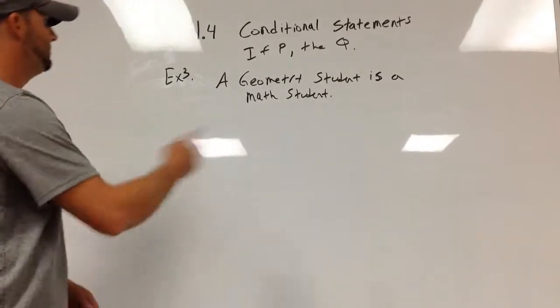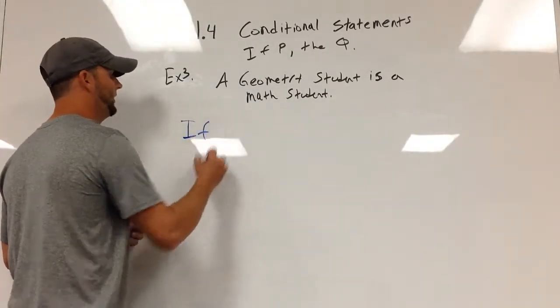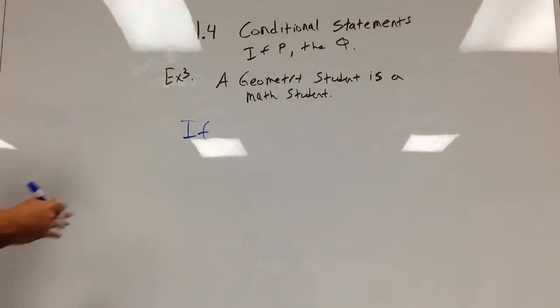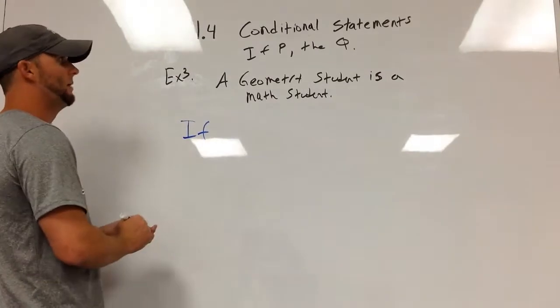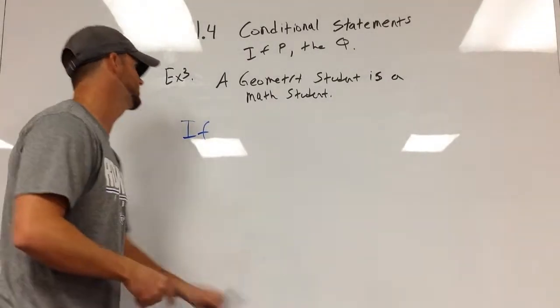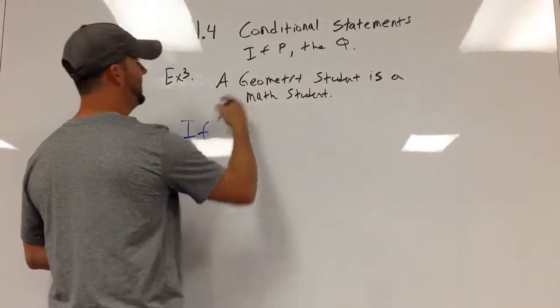So I need to implant if and then. I'm going to write the word if here. So I can put, if a student takes geometry, then they are a math student.